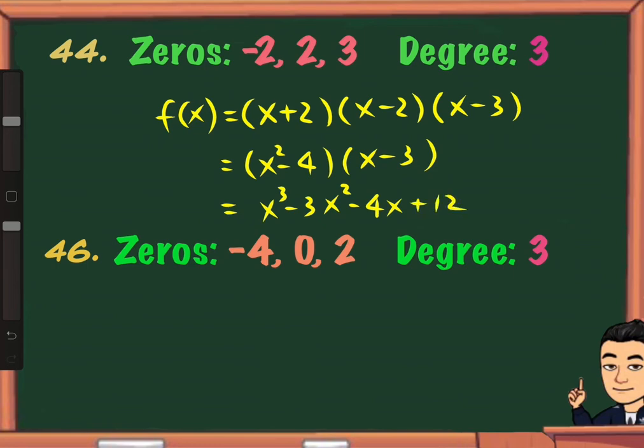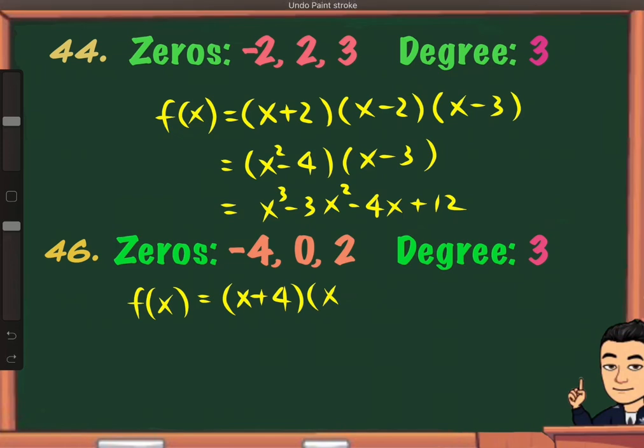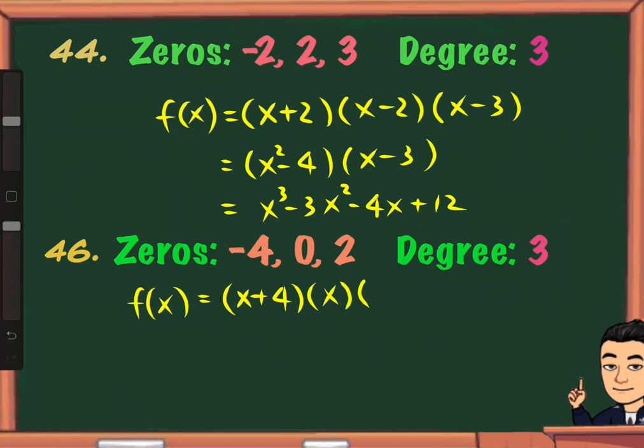Okay, now let's look at number 46. So from the -4, let me just go ahead and write the function notation. -4 is going to give you x plus 4, and then the zero is x minus 0, but we don't have to write minus 0. It's just basically x. And with the 2, you're going to go x minus 2. So go ahead and FOIL these two.